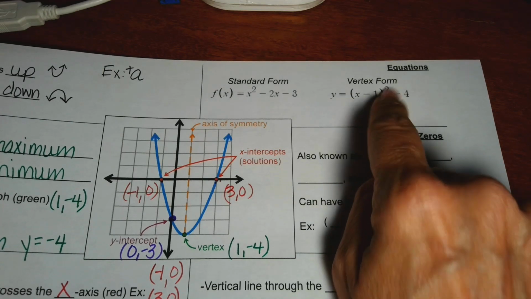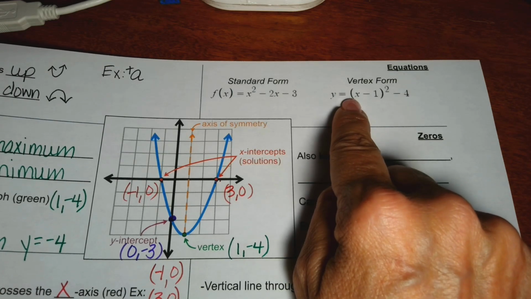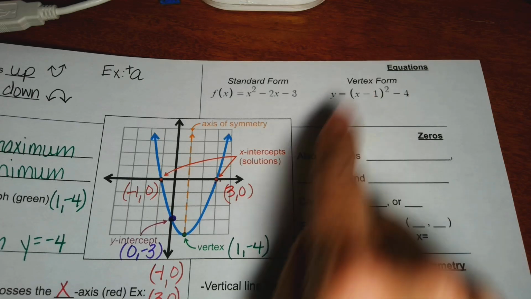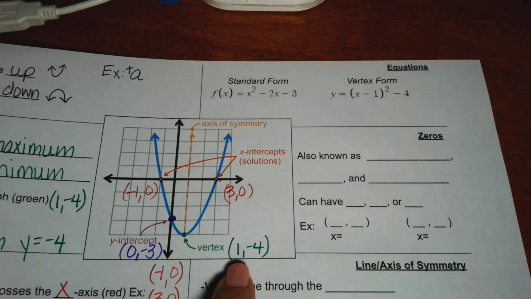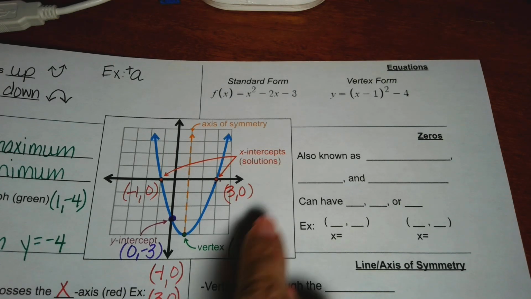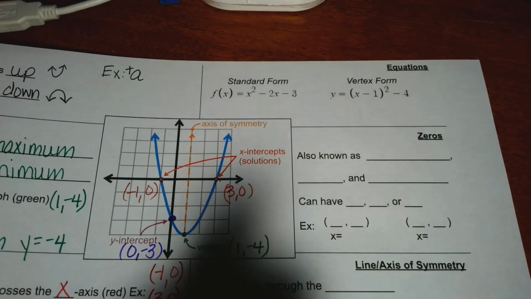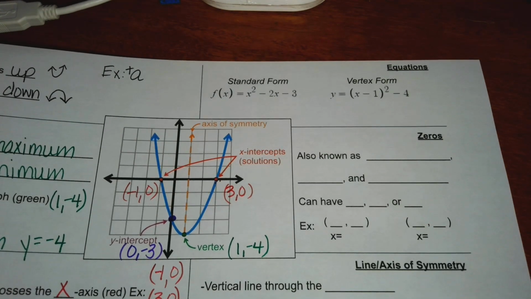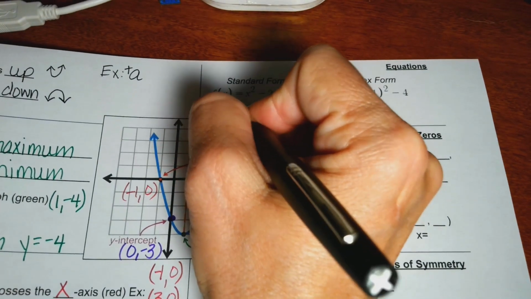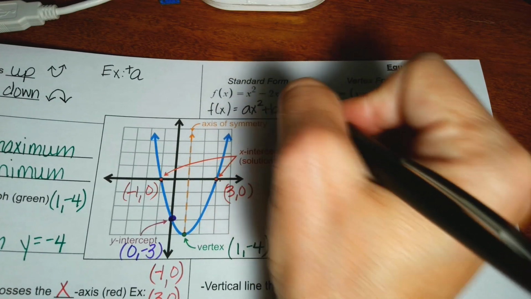Okay, this, however, is a different form. It's called vertex form. Your a value is actually in front of the parentheses, and they don't have anything there, so we know it's a 1. But vertex, let's go look at the vertex. Vertex is (1, -4). Well, let's see the equation. 1, -4. There it is. So, this first equation is ax squared plus bx plus c.